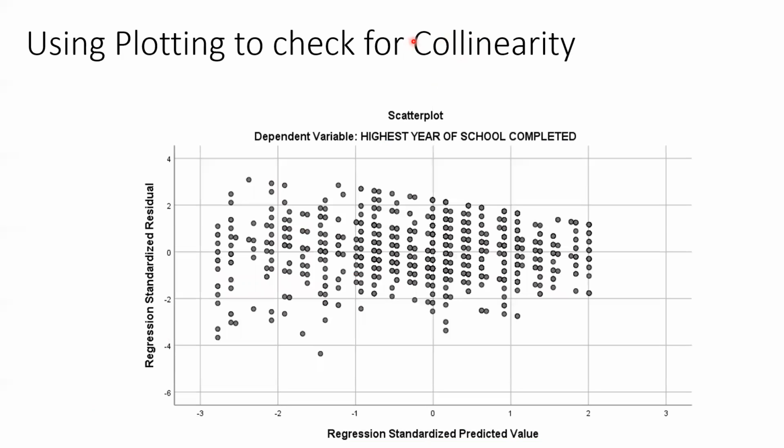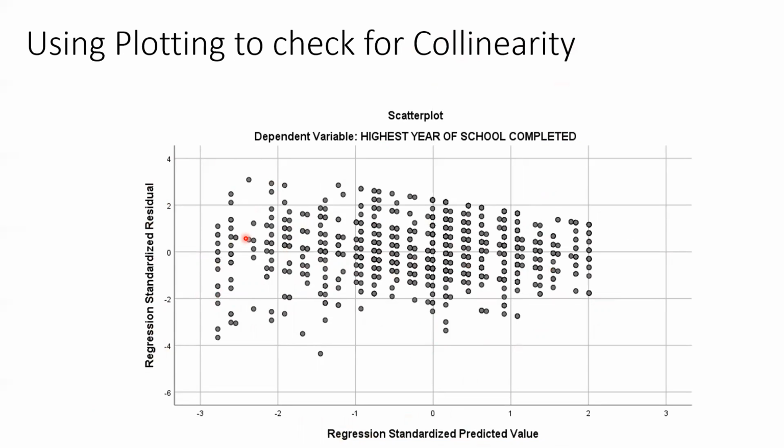This is actually not to check for that, it's to check for heteroscedasticity. I apologize for the error in the slide. This is the regression of the standardized predicted value and the standardized residual, and our scatter plot doesn't show anything that would make us think that there's patterning in the distribution of scores.